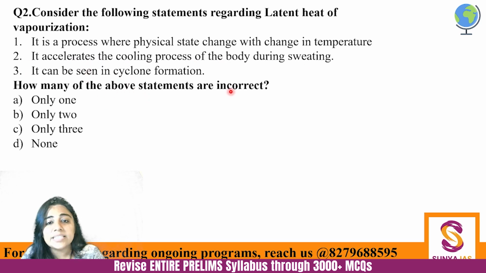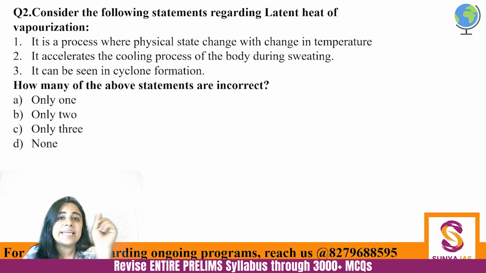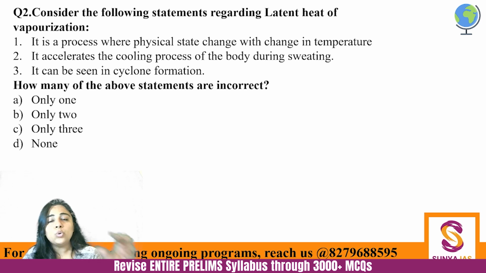How many of the given statements is or are incorrect? Latent heat of vaporization is that amount of heat energy that is needed to transform a liquid to a vapor at a constant pressure and temperature.